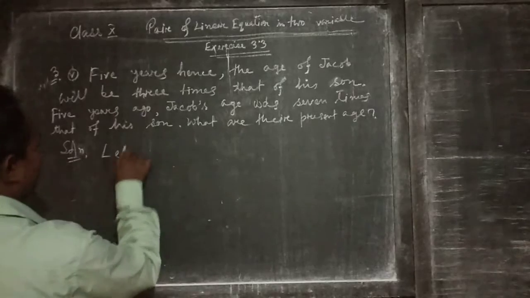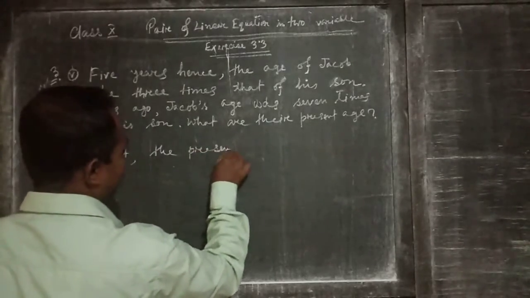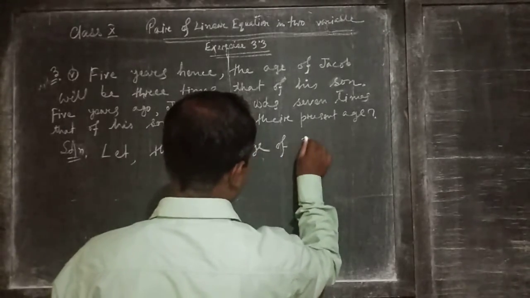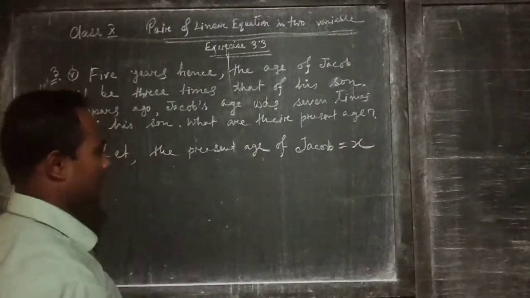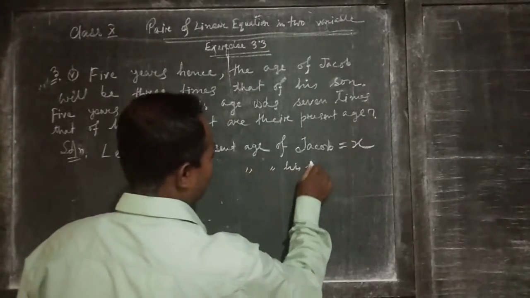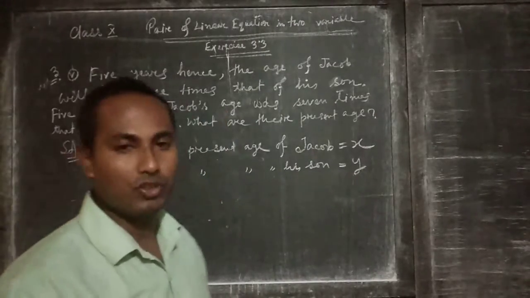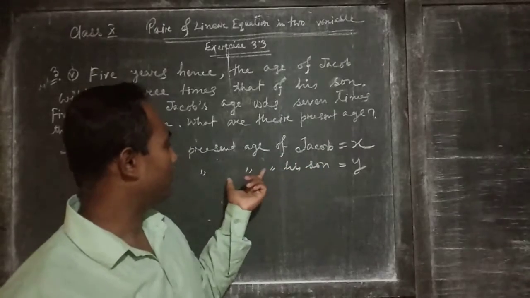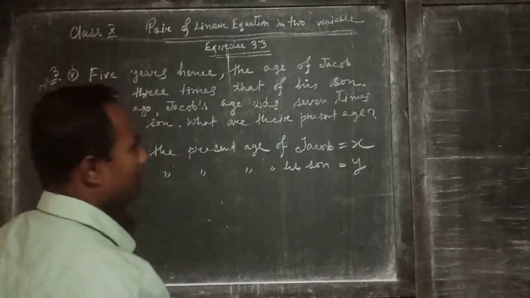Let us consider the present age of Jacob equal to x and the present age of his son equal to y. We have considered two variables for the present age of Jacob and the present age of his son. Now two conditions are given.